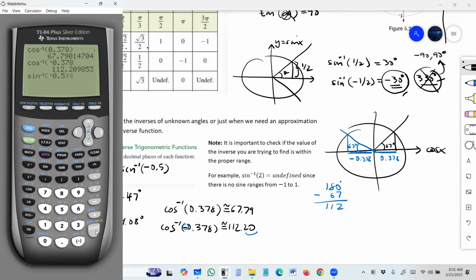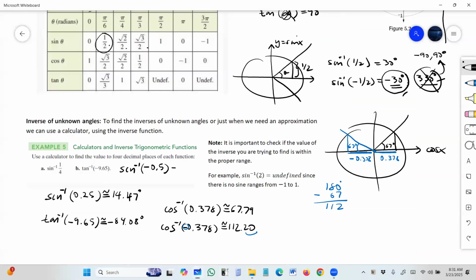And let's see what we get. Perfect. As you can see, the calculator already adjusts for the restricted domain. So minus 30 degrees. So perfect. For all of these unknown angles, positive or negative, you will just enter the value into the calculator and write the final answer. There's no work to be shown on these, and the calculator already adjusts for the positive or negative according to your restricted domain.